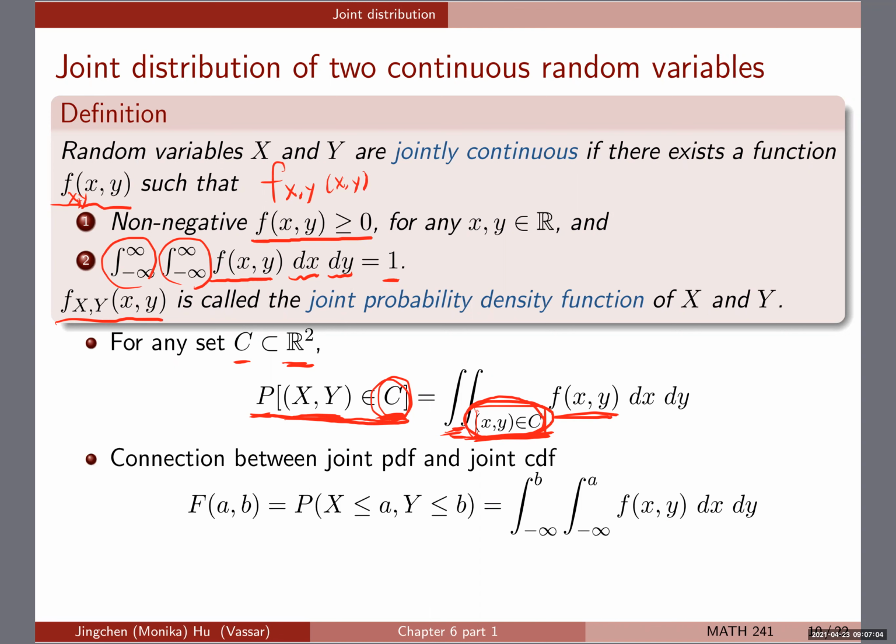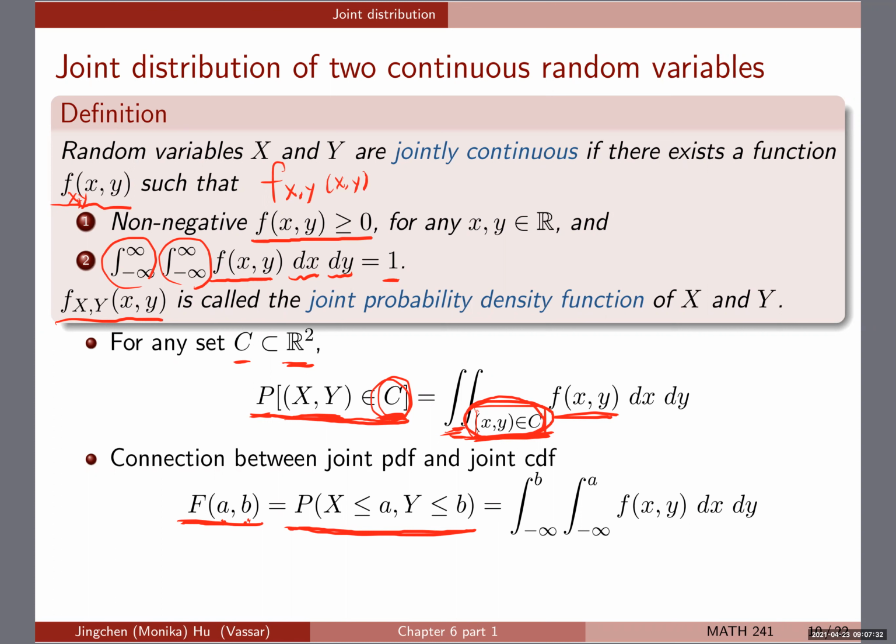And then, of course, another thing is the connection between joint PDF and joint CDF. So if I want to get the joint CDF at (a, b), where a is for x and b is for y, going back to what we talked about in a couple of videos ago, the joint CDF is defined to be the probability that X is smaller or equal to a and Y is smaller or equal to b.